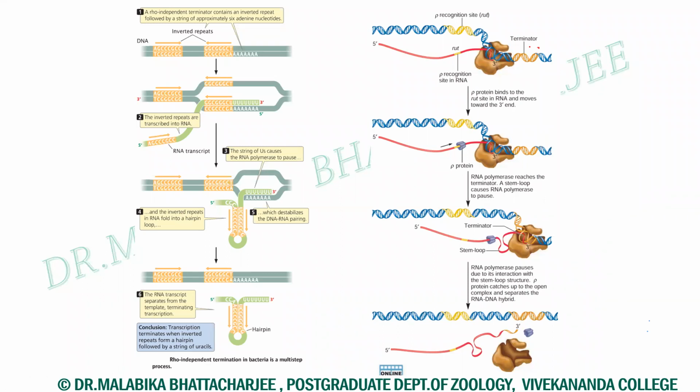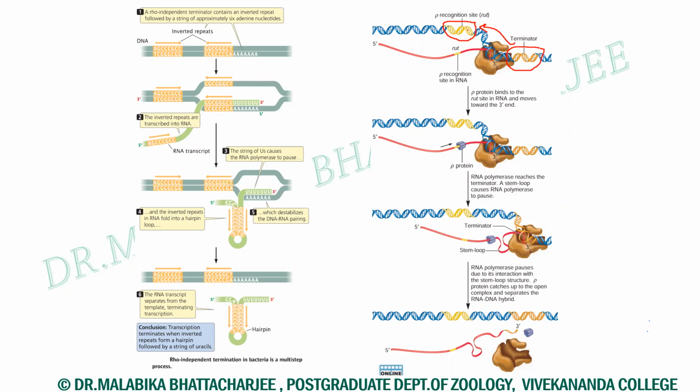So this is the terminator region for mRNAs which are following the rho-dependent termination. And we have a small region upstream of the terminator region. And this region is a C-rich region.